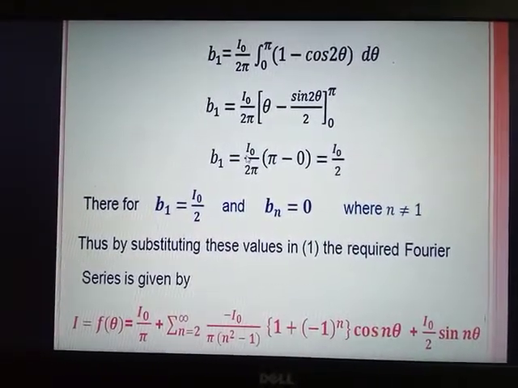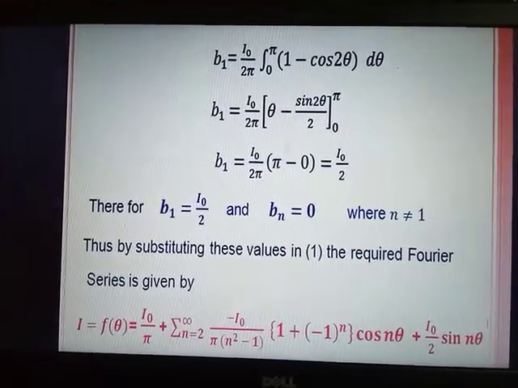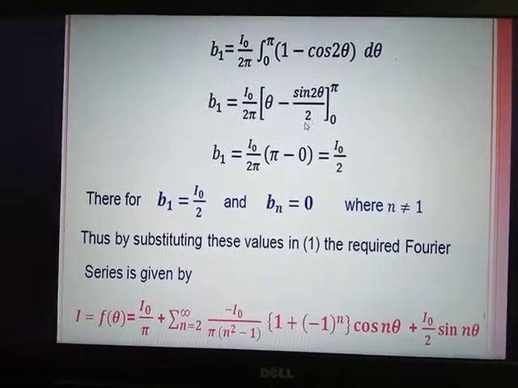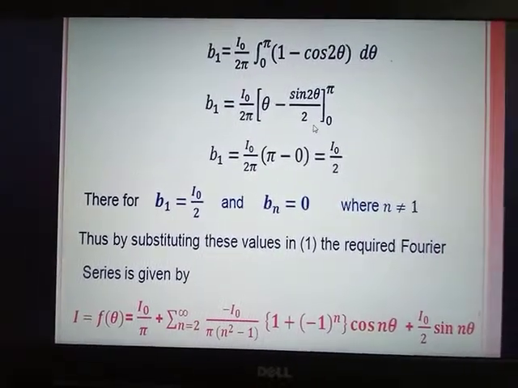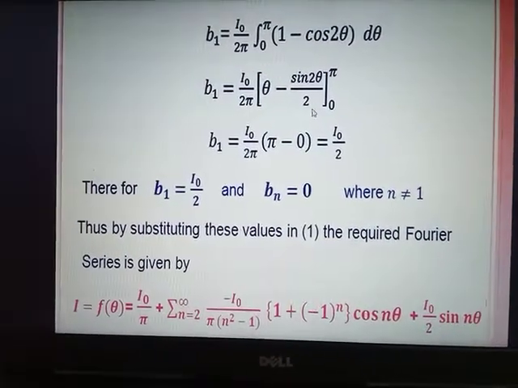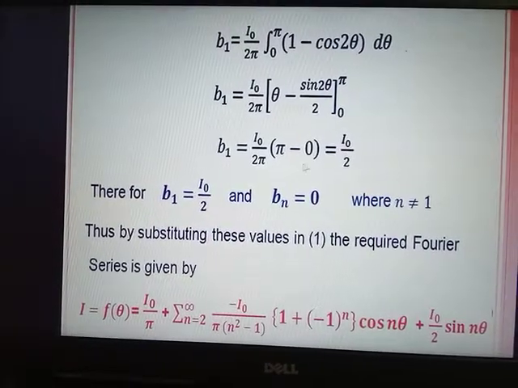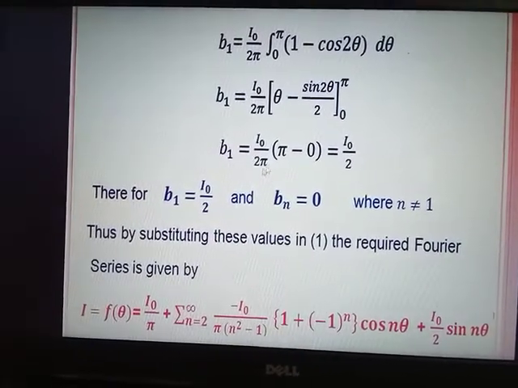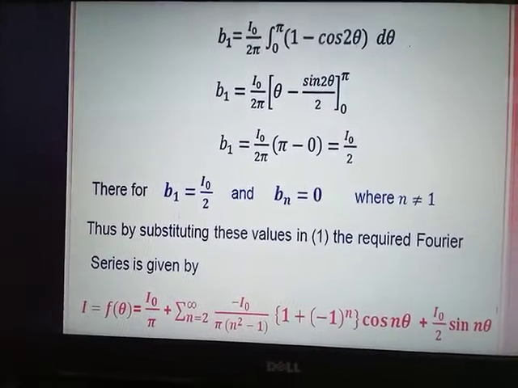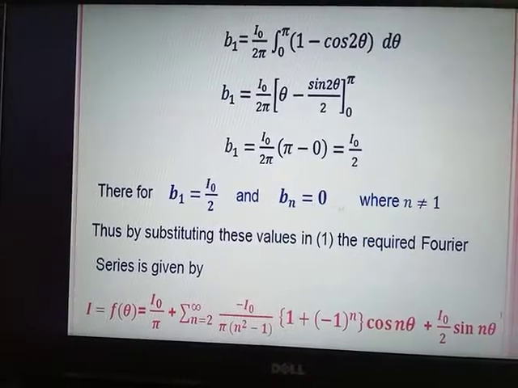Then B1 is equal to I naught by 2 pi. Here the second term will be 0 when we apply both upper limit and lower limit, because sin pi value is 0 and sin 0 value is 0. Then it will be pi minus 0, which is equal to pi. This pi cancels with the denominator pi, so B1 is equal to I naught by 2. Therefore B1 is equal to I naught by 2 and Bn is equal to 0 when n is not equal to 1.